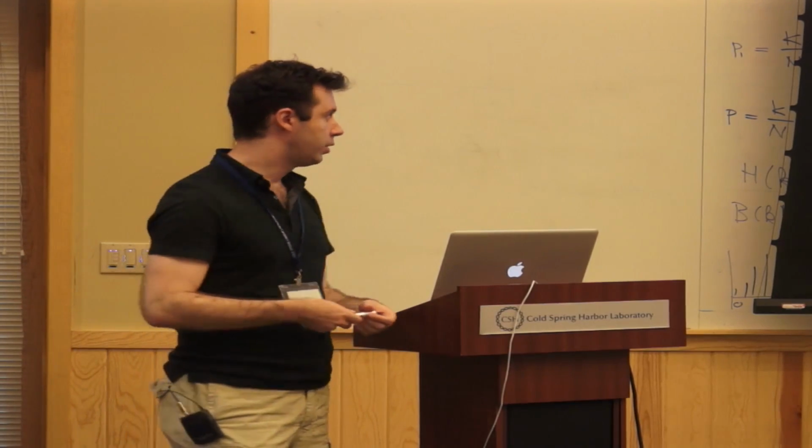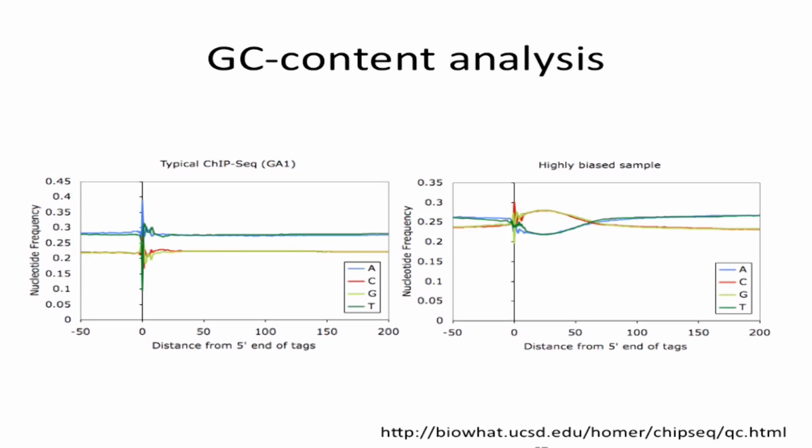Another quality control measure that you can look at is GC content. This is more about the quality of the sequencing itself. If you have good sequencing quality that didn't introduce any bias in terms of which fragments get sequenced better than others, you would expect to see a reasonably straight line in terms of GC content, or nucleotide content, across the entire length of a read, except at the beginning where there are usually problems.